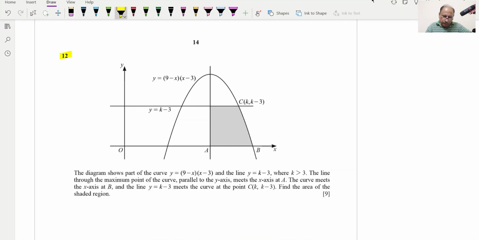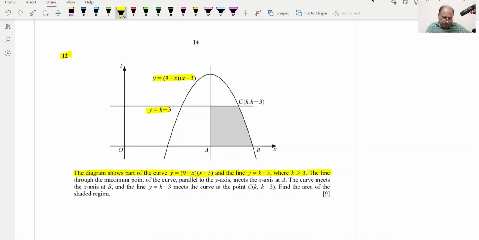Question number 12. The diagram shows part of the curve y is equal to this and the line y is equal to k minus 3, where k is greater than 3.